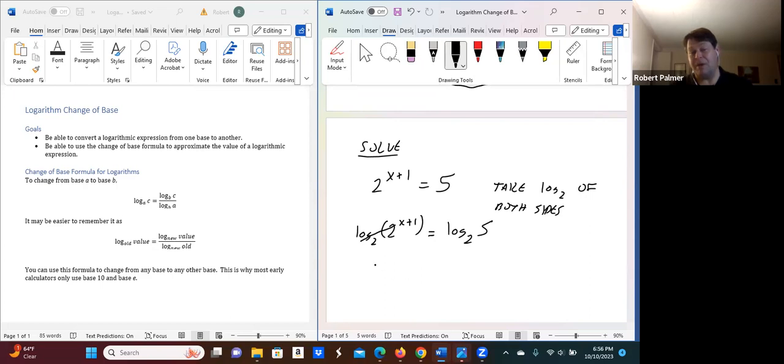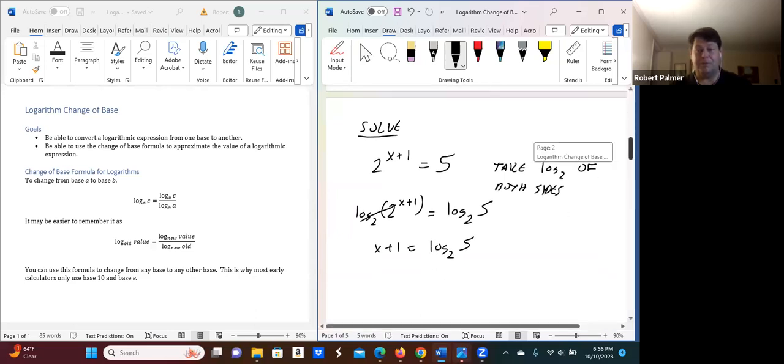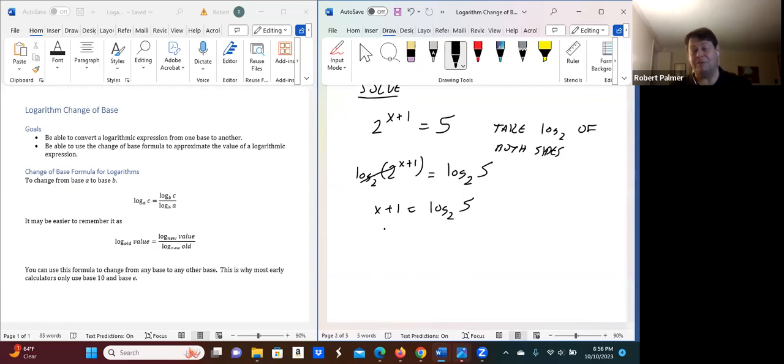They're inverses. And so this becomes x plus 1 is equal to log base 2 of 5. Remember, log base 2 of 5 is just a constant, just a number. So finally, subtract 1 from both sides, x is equal to log base 2 of 5 minus 1.